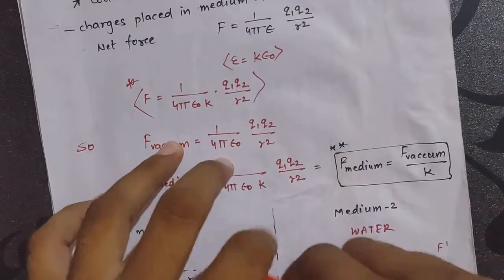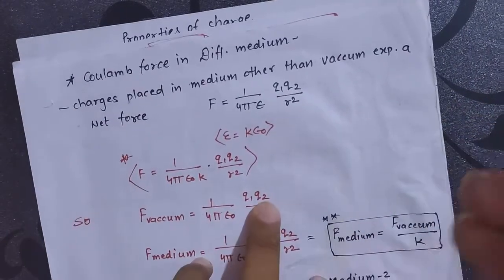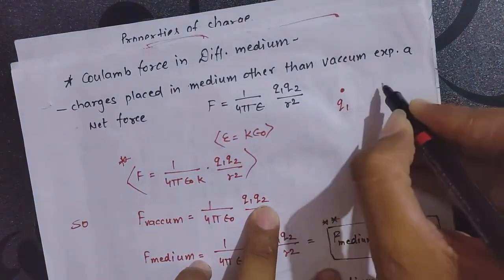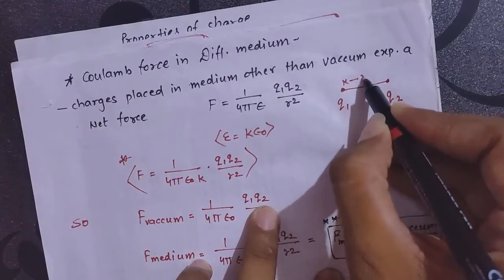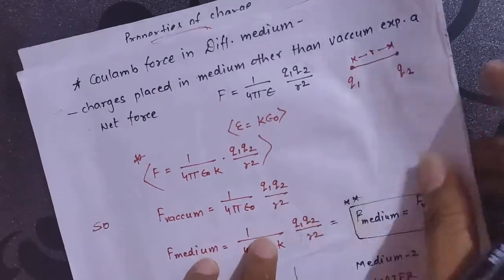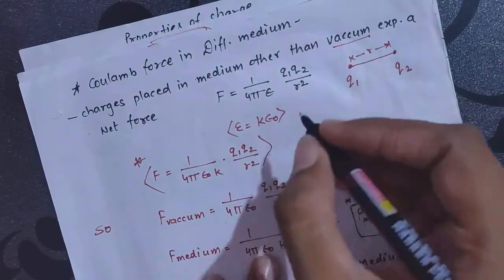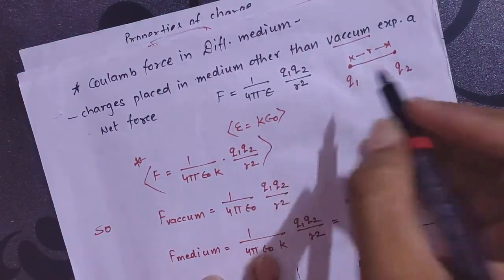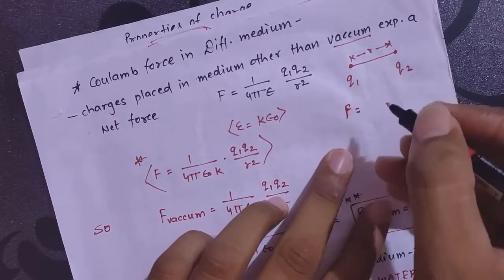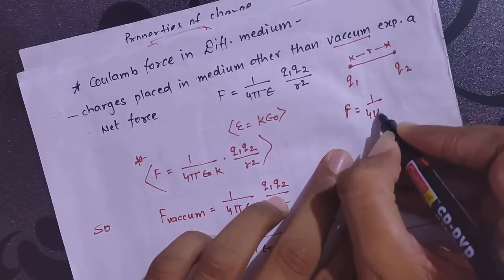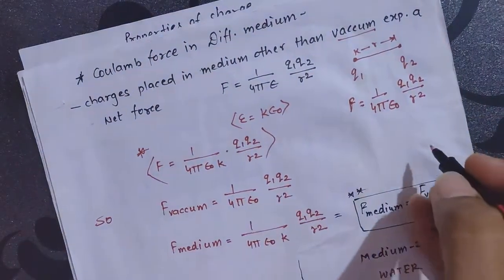So when two charges, the first is Q1 and second is Q2, separated by a distance r, are situated in vacuum, the net force experienced between the two charges is 1 upon 4 pi epsilon naught Q1 Q2 upon r square.